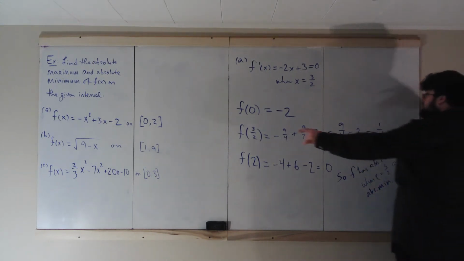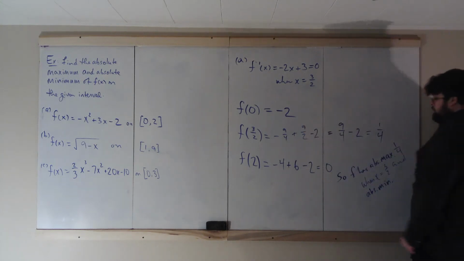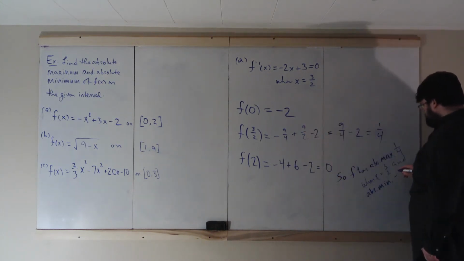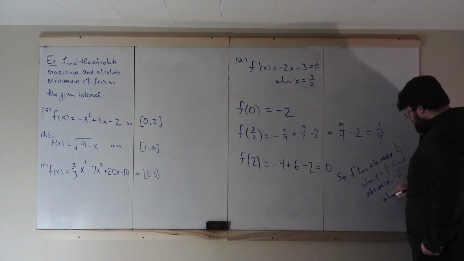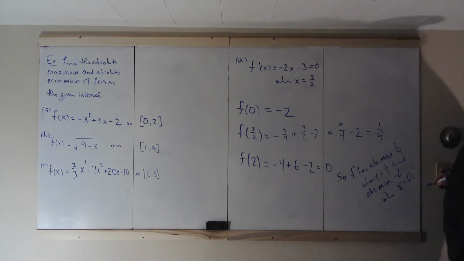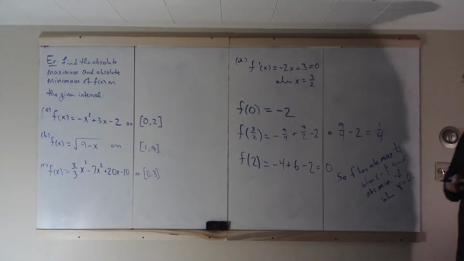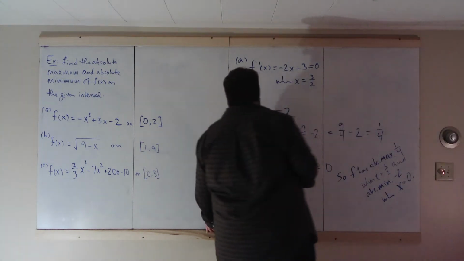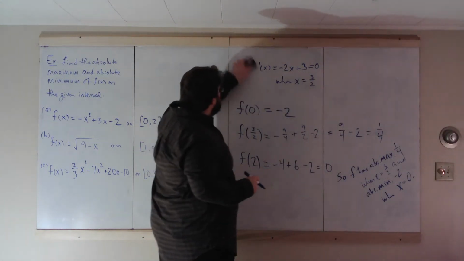The lowest, negative 2. The smallest is negative 2, so absolute minimum negative 2 when x equals 0. So find the critical points, find the endpoints, and compare.